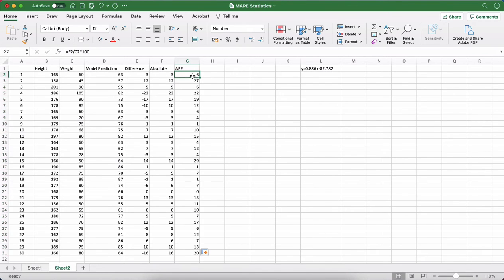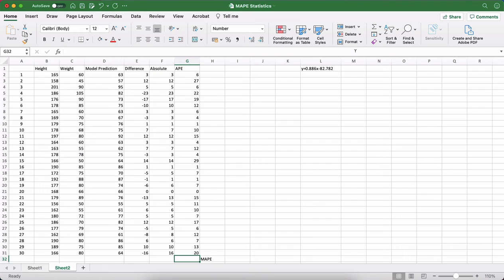So this column shows you how many percent is the error of prediction compared to reality for every single data point. And then the very last one here, we will calculate the mean. So every single time I do the prediction, what is the mean or the average of error that I get?